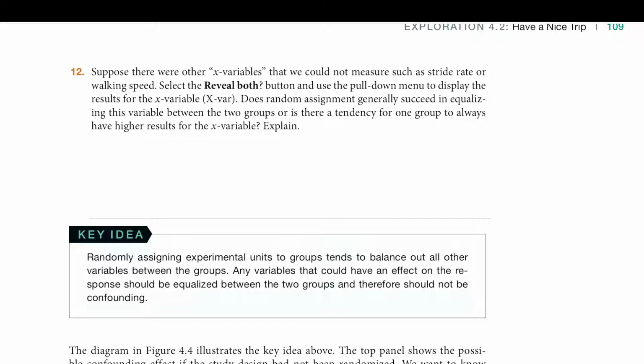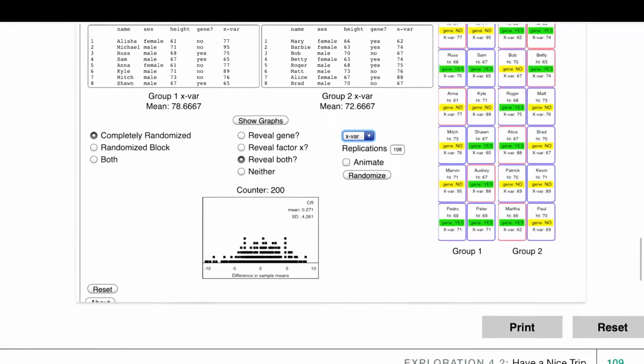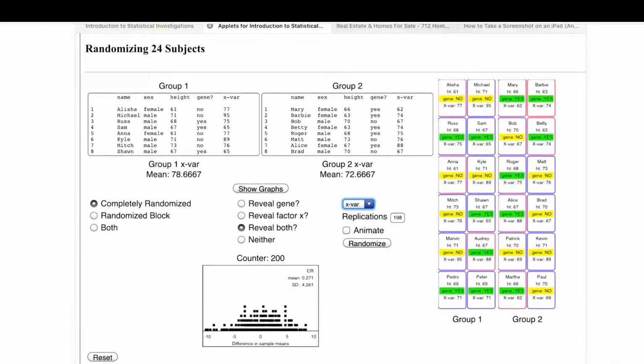Does random assignment generally succeed in equalizing this variable between the two groups, or is there a tendency for one group to always have higher results for the X variable? So again, you want to select this Reveal Both box and then select X variable. So notice that each card now has the person's name and their height and whether or not they have the gene and the value for this X variable, whatever it is.